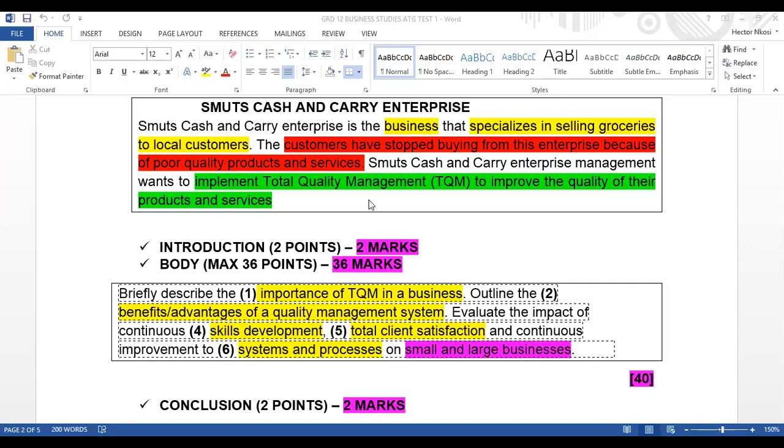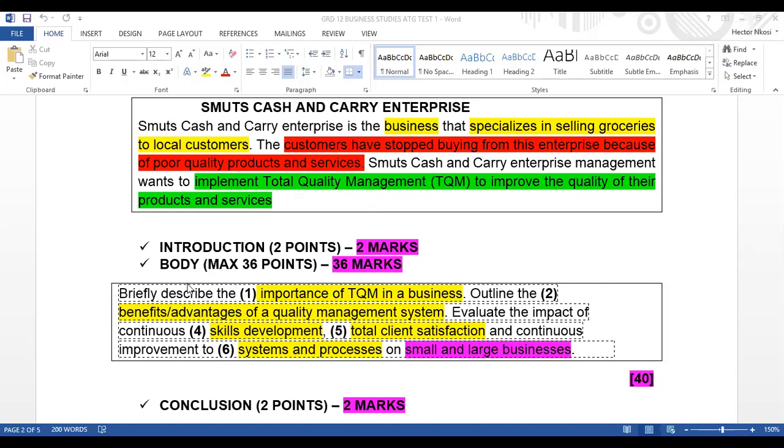So basically, we're looking at this essay. I was showing you the structure in which you need to answer your essay in an exam situation.